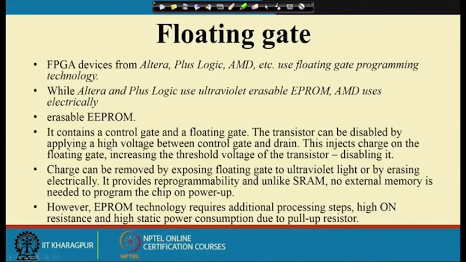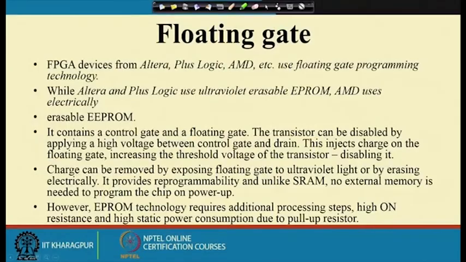This floating gate that we can insert, the charge can be removed by exposing the floating gate to ultraviolet light or by erasing it electrically. It provides reprogrammability, and unlike SRAM, no external memory is needed to program the chip on power up.